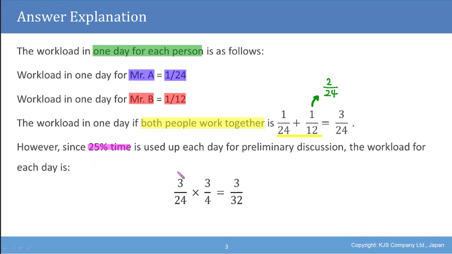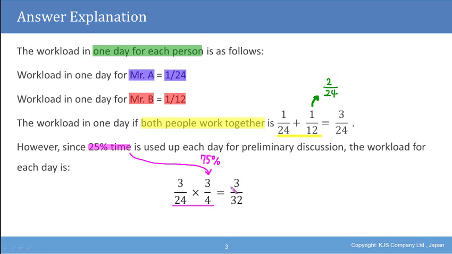So let's just write that. 25% of the time means we would have to multiply the workload in one day for both people by 75% of the time. So that's 3/24 times 3/4, which is 3/32.